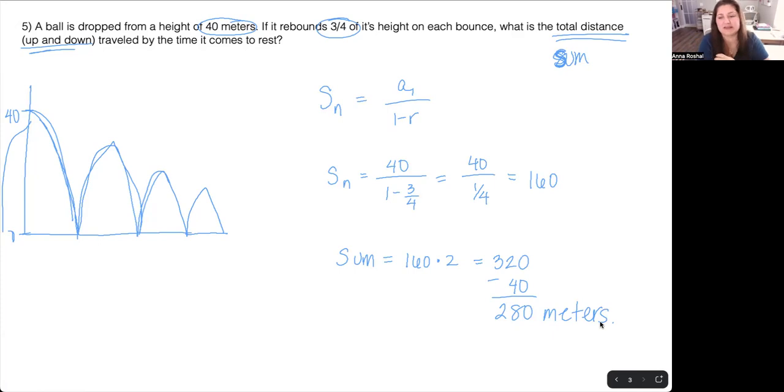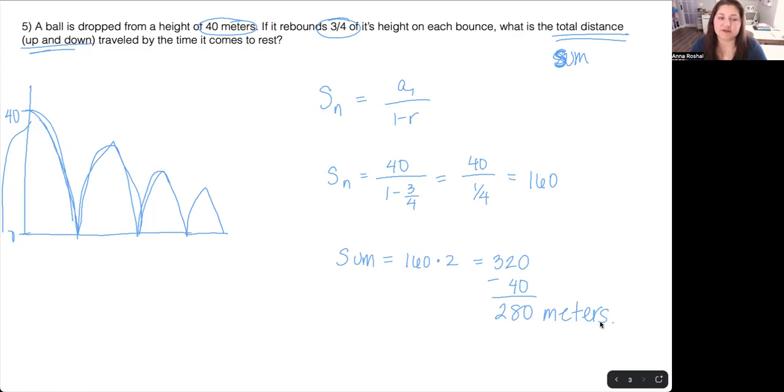This is an interesting one. I can't imagine something like this would be on a test without having done at least 1 or 2 problems in class similar to this. So maybe if the ball is dropped from a height of 100 meters and it rebounds half of its height or 2/3 of its height on each bounce, using the same kind of base problem with different numbers, I think would be super helpful.